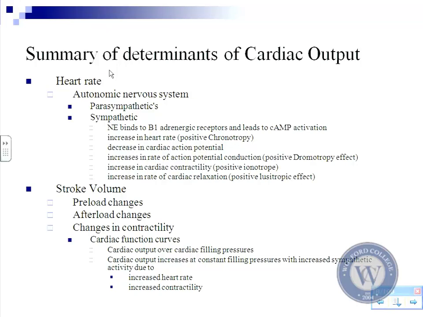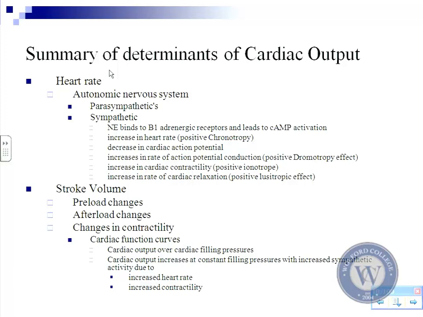It also causes an increase in action potential conduction, which is dromotropy. It also has a positive inotropic effect, which increases contractility, and also increases the rate of cardiac relaxation, so it's a lusitrope as well. If you look at your stroke volume, what changes it are preload, afterload, and contractility.